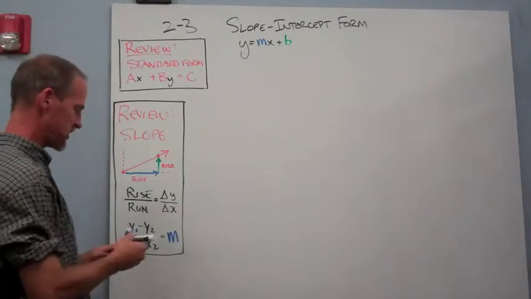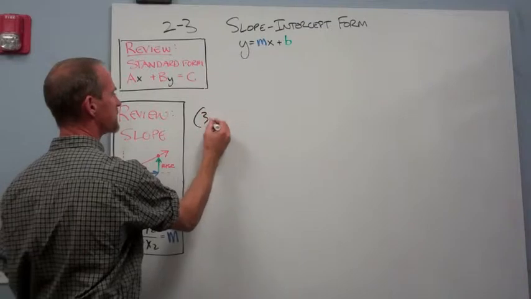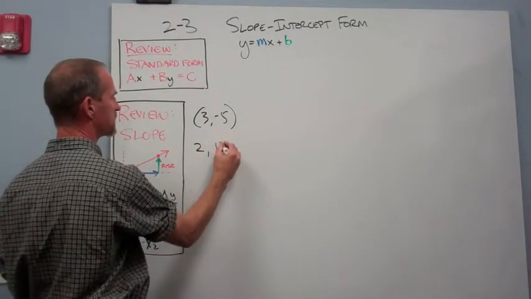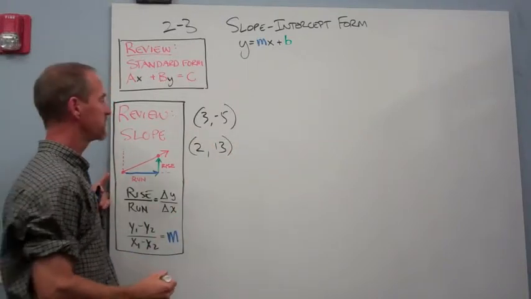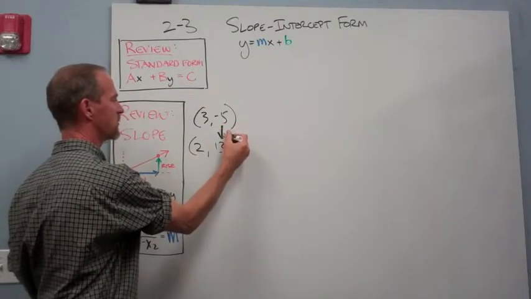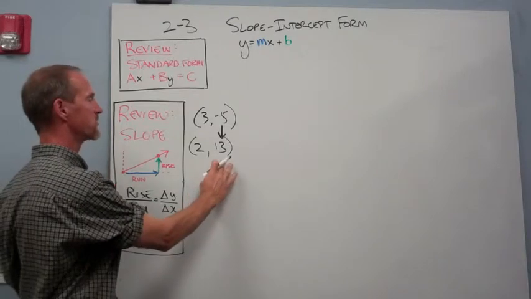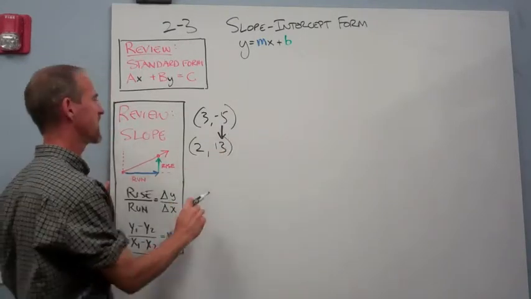So a little example here for finding the slope. Suppose we have 2 points, 3 comma negative 5, and 2 comma 13, just to pick random numbers. The way I would like you to do it, I think you make fewer mistakes, is simply look at the y's first. Y's rhymes with rise, so think of it as y's over 1, like the Wascally Wabbit hunter Elmer Fudd would say.